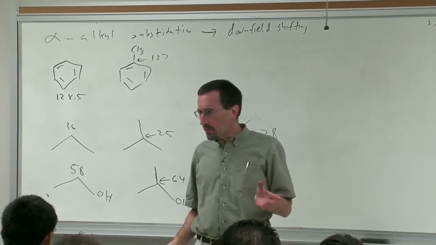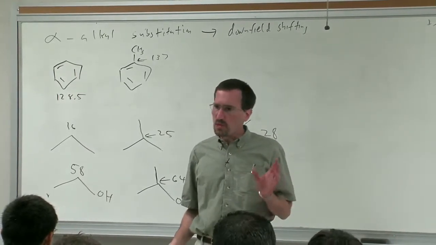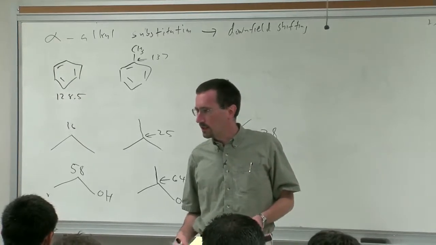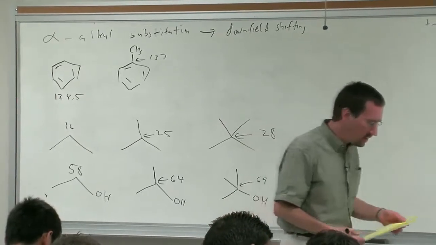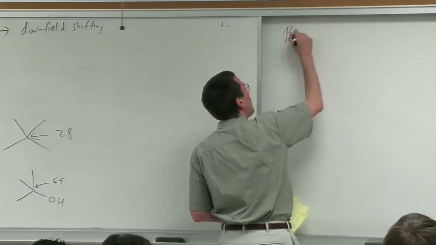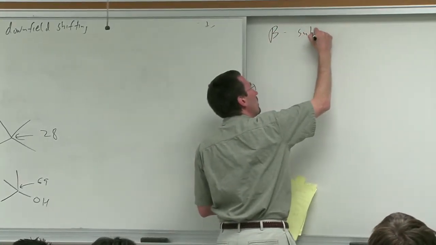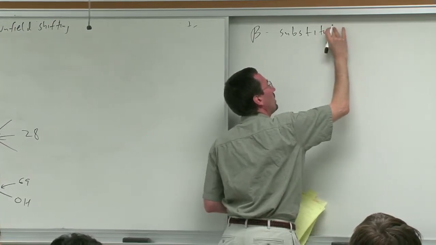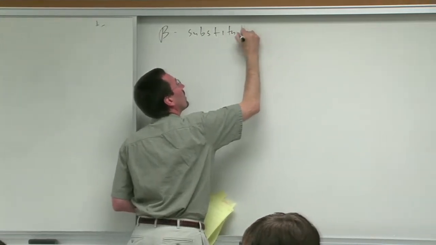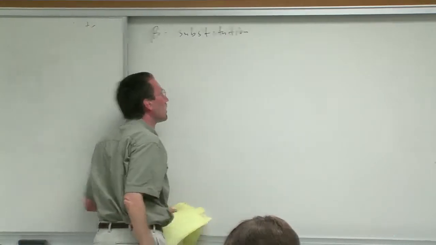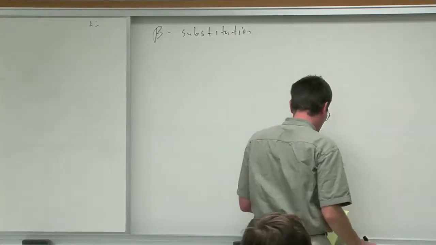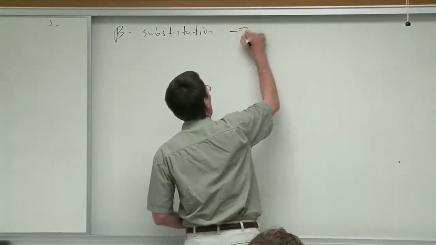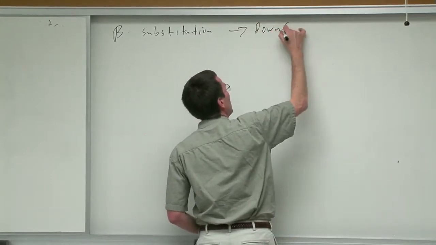With the case of proton NMR, beta alkyl groups don't make a huge effect in chemical shift. In the case of C13, alkyl groups, though, they do. Beta substitution ends up also leading to further downfield shifting. Not quite as dramatic.